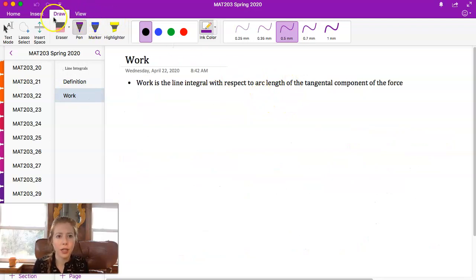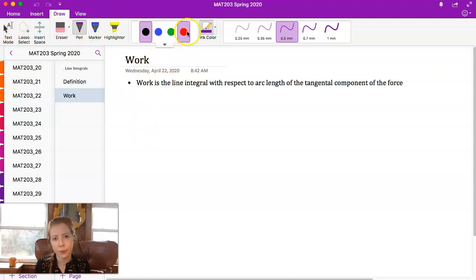Now, before we actually get into line integral, or into the definition of work, I want you to think of something else first. We'll come back to this.